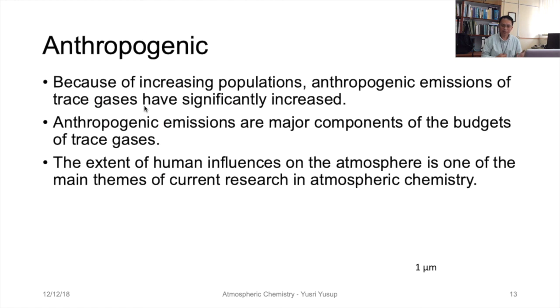The current research is on the effects of human activities, specifically anthropogenic emissions, and how these increased emissions and the amount of trace gases in the atmosphere would affect atmospheric chemistry, or the composition of the atmosphere.